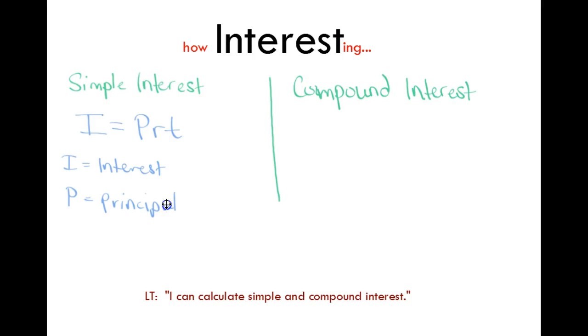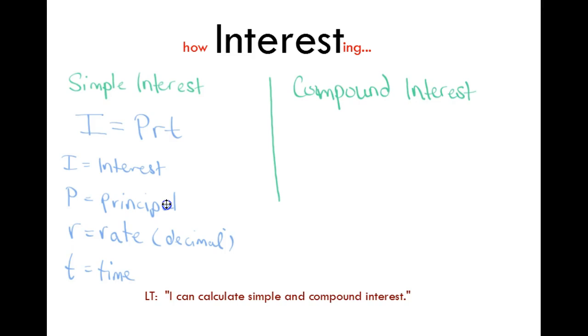Then R equals rate. And you put it as a decimal. So if I said 5%, you would put 0.05. And then T equals time. So that's going to be really easy to calculate. You just plug those three things in and you get your interest.